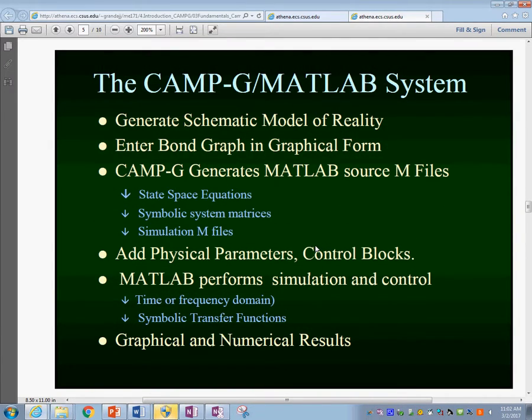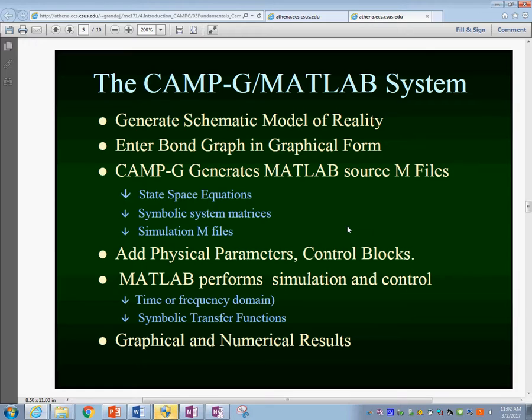Okay, so at this point it's important to point out what have we achieved? Where do we want to go with this? First, we generate a schematic model of real life, and then we create the bond graph model. And then once we do that, the CAMG software is going to do those three things for us.